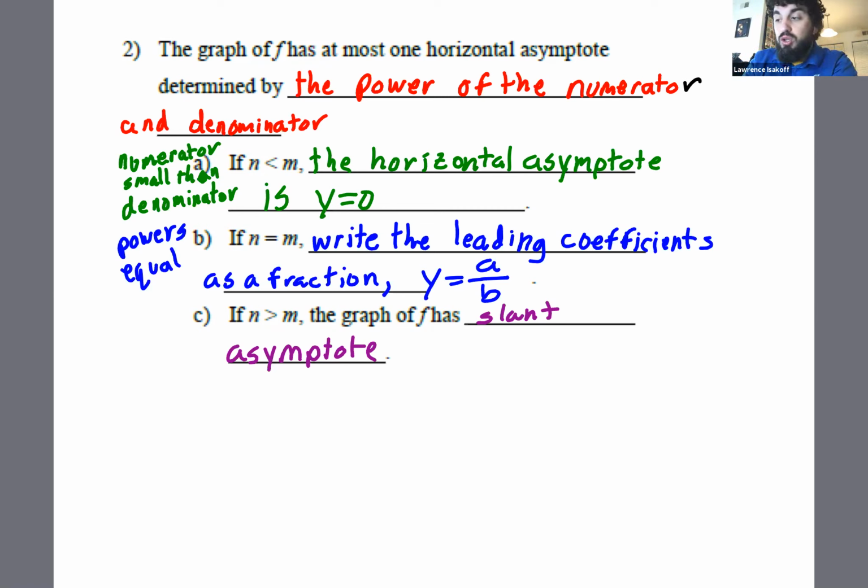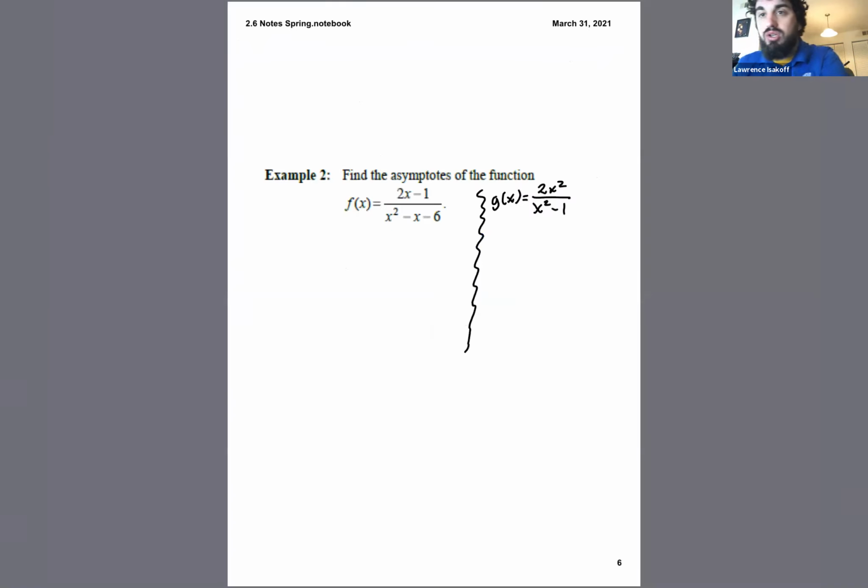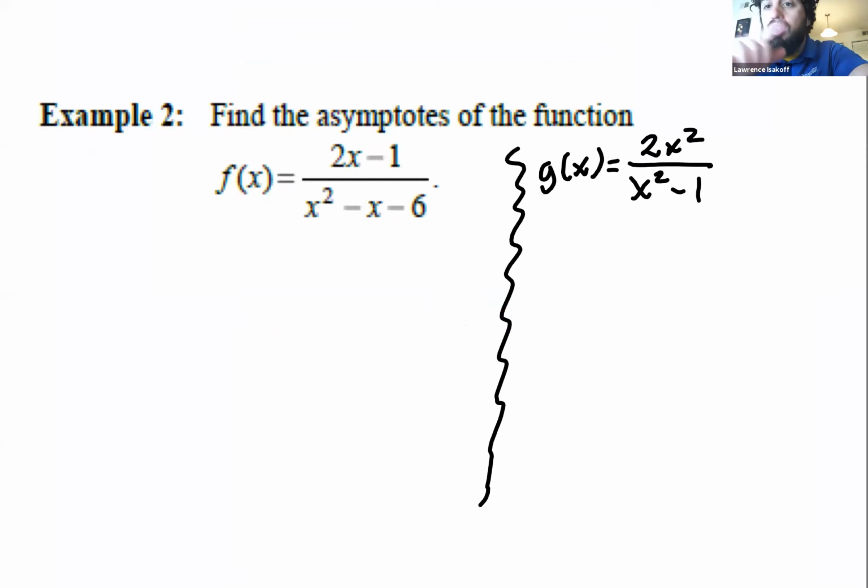I know you guys did well with the polynomial division. I know it wasn't our biggest thing. Some of them will have nice denominators we can use synthetic division with, but we're going to have to go back to dividing polynomials to find slant asymptotes. So we are going to find the asymptotes of these functions. I'm going to do both examples all by hand. Then we'll look at the graphs together.